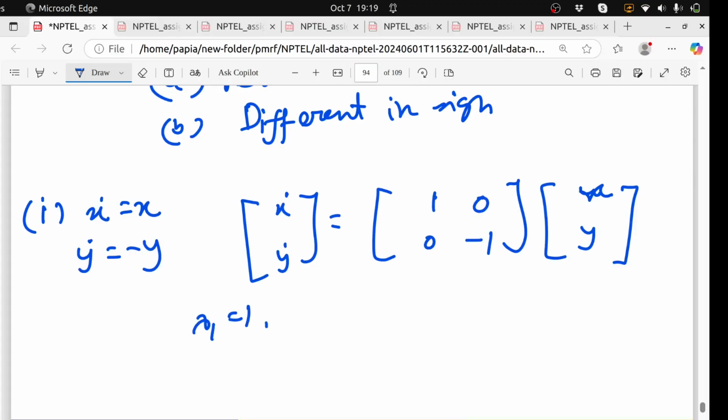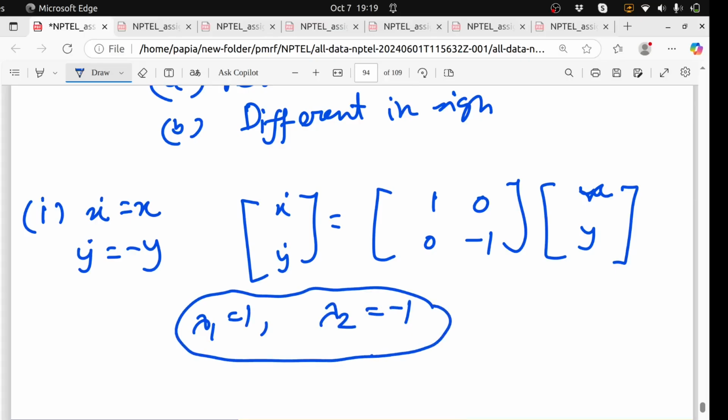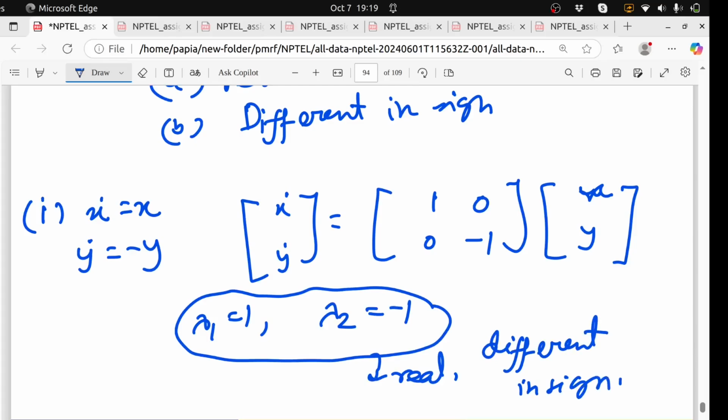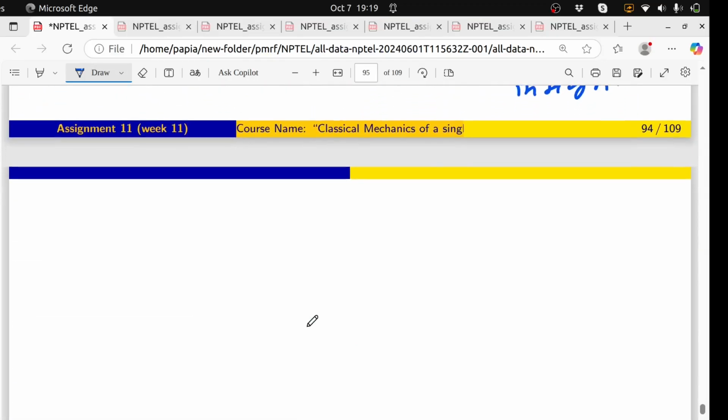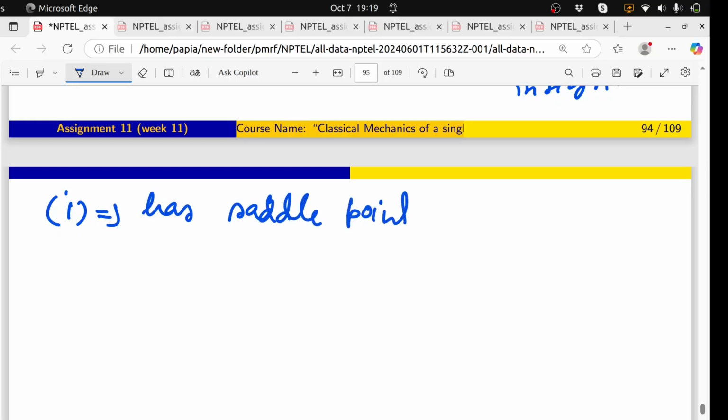So lambda 1 is 1, lambda 2 is minus 1. Both are real, different in sign. So it has a saddle point.